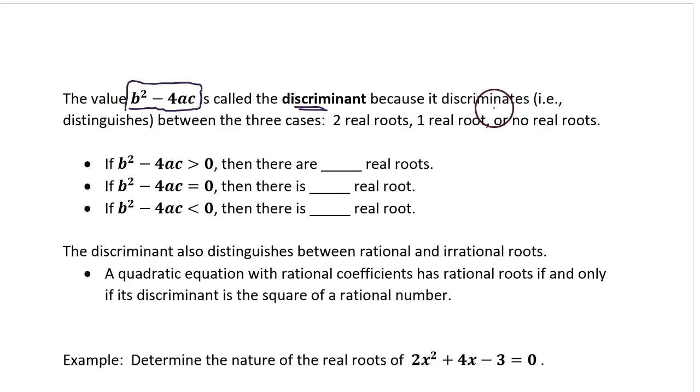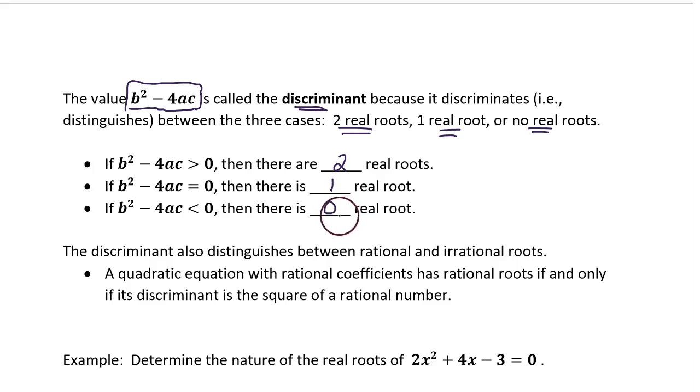Another word for discriminates is it distinguishes between three different cases: an equation that has two real roots, one real root, or no real number roots. When the discriminant is greater than 0, there are two real number answers. When the discriminant equals 0, how many are there? There's 1. When the discriminant is a number less than 0, how many real number answers are there?